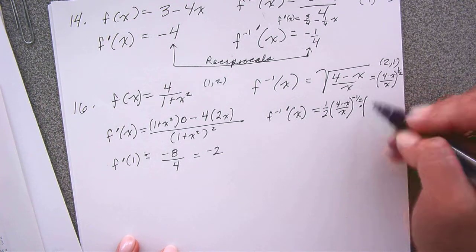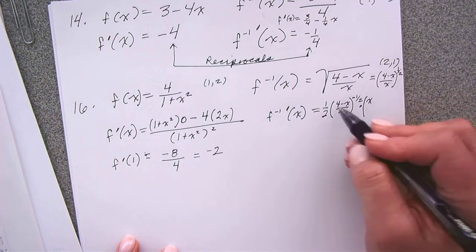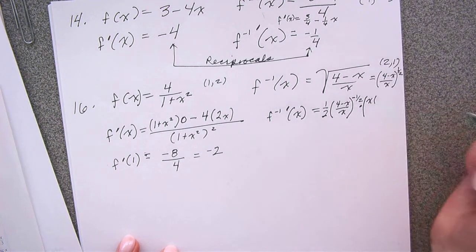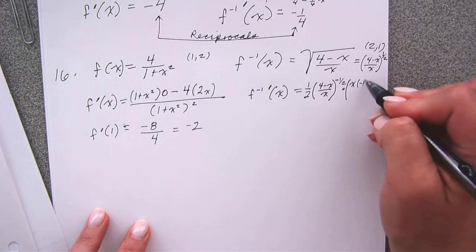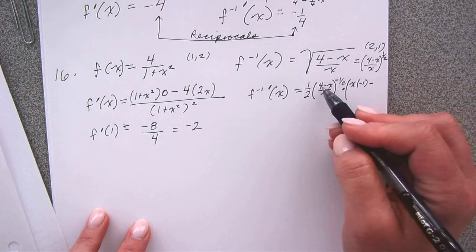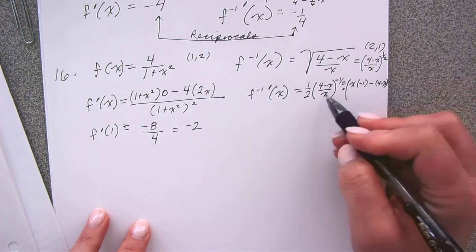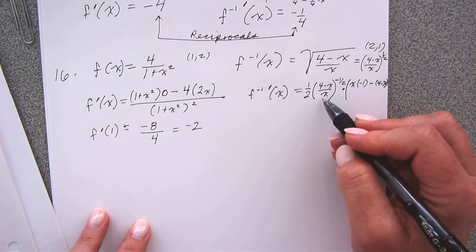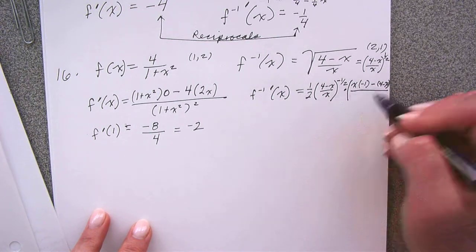Quotient rule. So denominator times derivative of the numerator is negative 1, minus numerator, so 4 minus x, times the derivative of the denominator, which is 1, and then all over denominator squared.